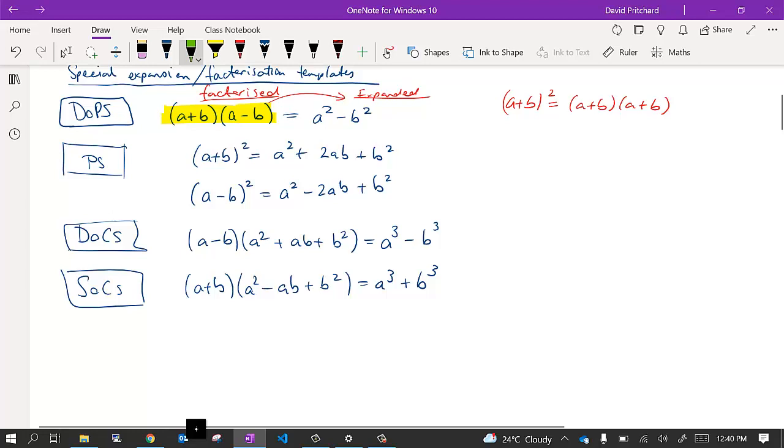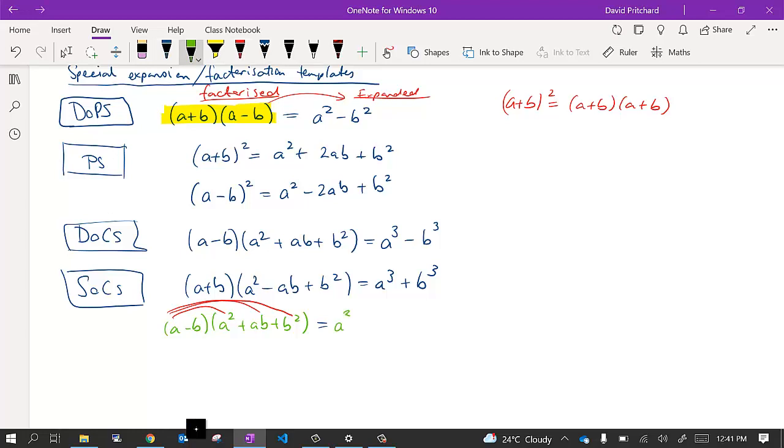So let's take DOCS, for example. a take b multiplied by a squared plus ab plus b squared. And we'll expand this out. Remember, with expansion, the whole idea is that each value in each bracket is multiplied by every value in the other bracket. So if I'm going to expand this out, my first three expansions will be multiplying a by every value in the other bracket.